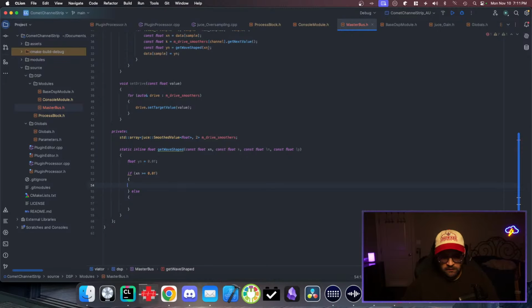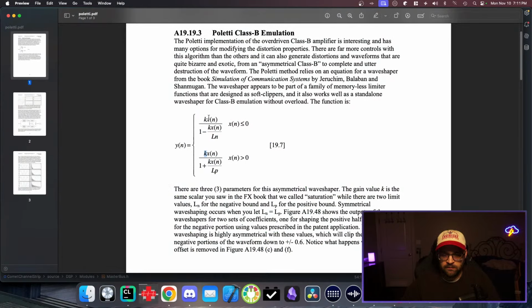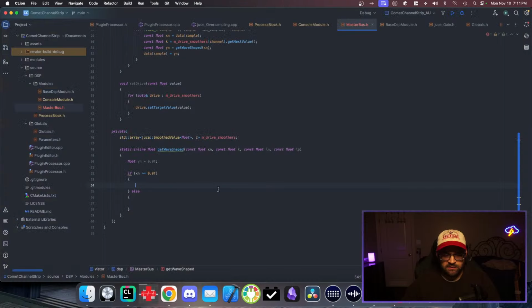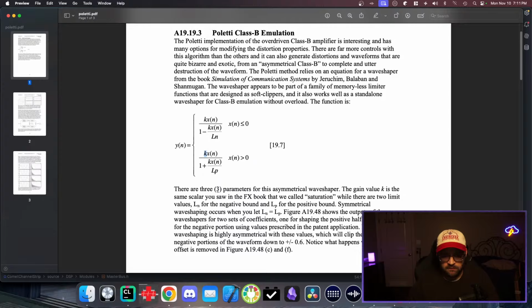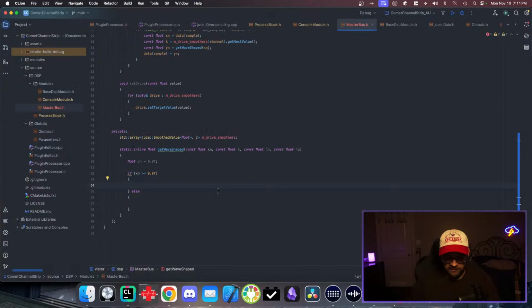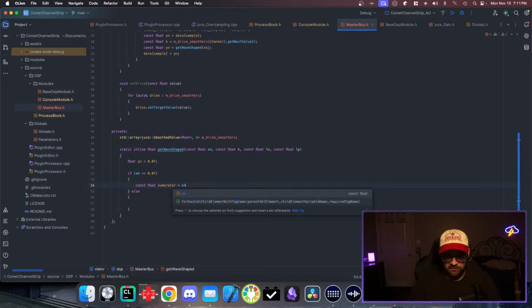Okay. So here we go in the positive one. So it's k times xn. Yeah, let's make it really clear. I'm going to do this. Const float numerator is equal to xn times k.